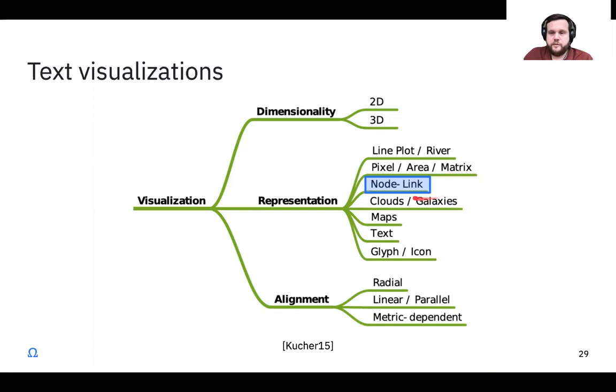Pixel area matrix, we've been over these matrices, adjacency matrices, yesterday. Node link, we have been over that last time as well, but still it's nice to see the explicit relation to text analysis.